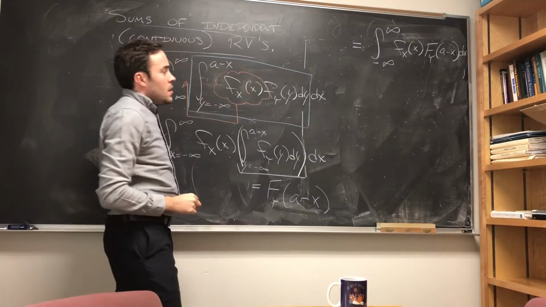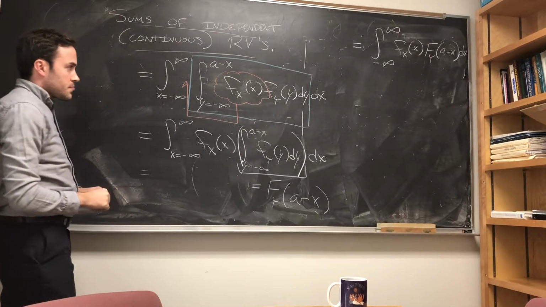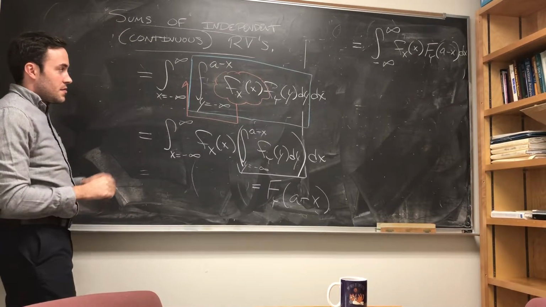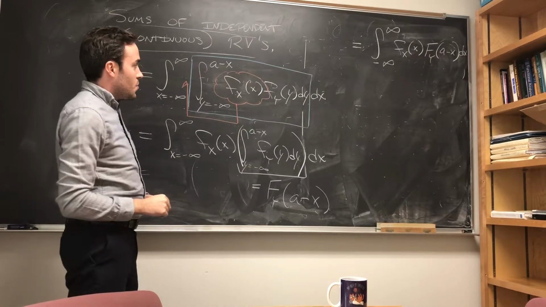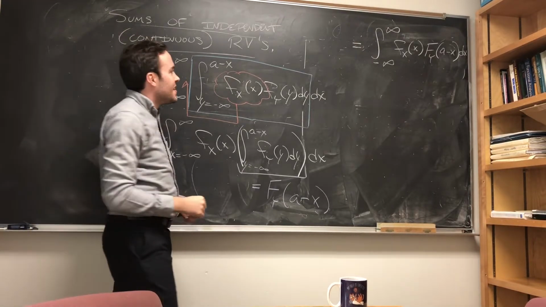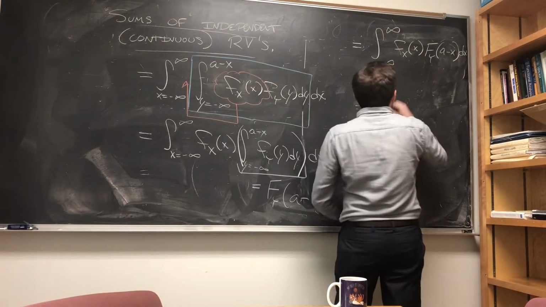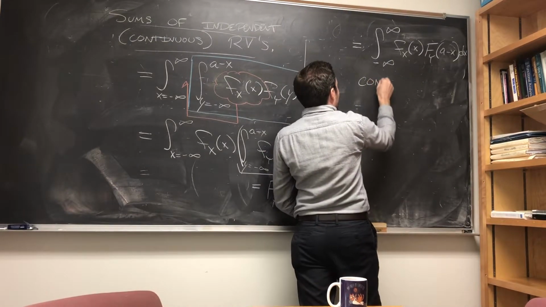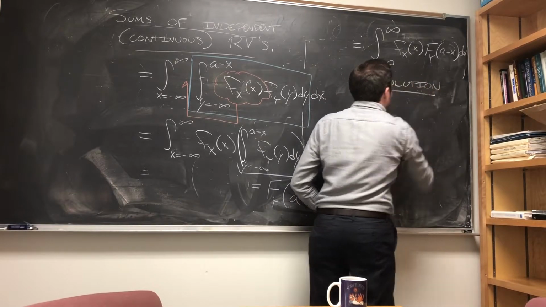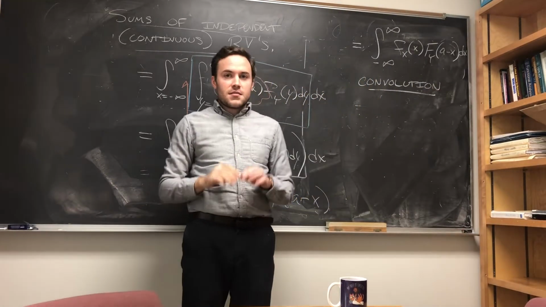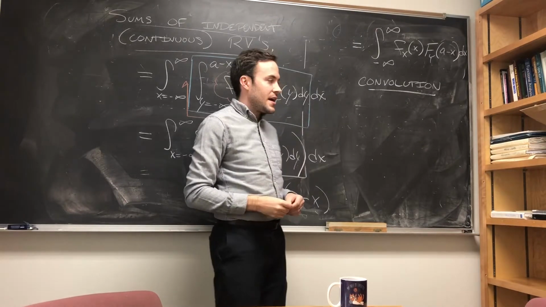So we have this. And this is all well and good. The question is, what do we actually do with this? So I mentioned in class that this is an example of a convolution. And as the name suggests, convolutions are quite convoluted to actually calculate with.